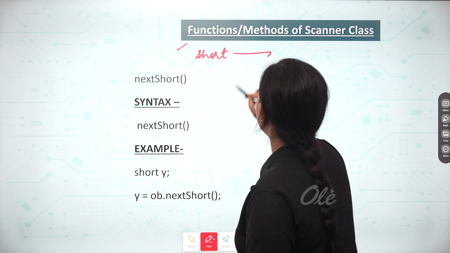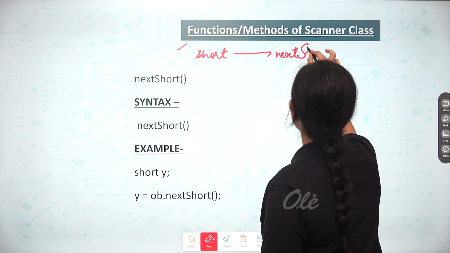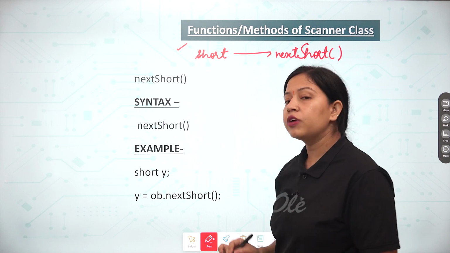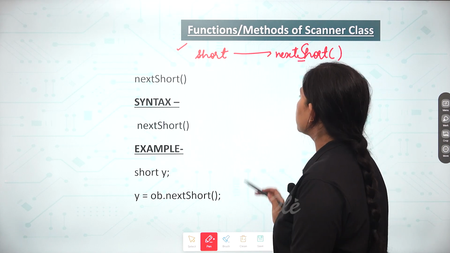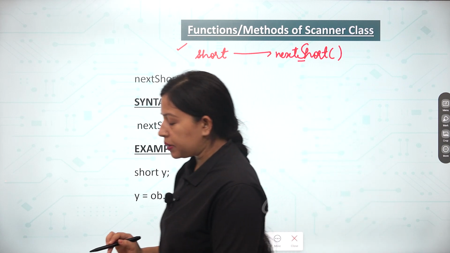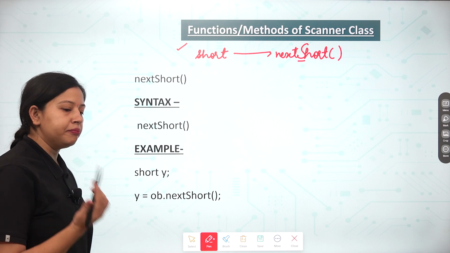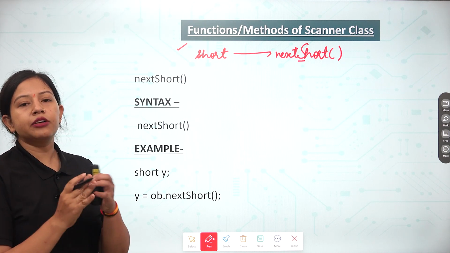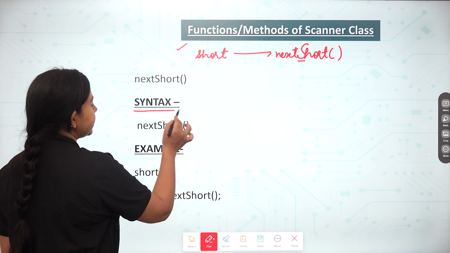One thing you should remember here is that the n in next remains in small case, but the S in Short should be capital, because it follows camel case. Camel case suggests that the method name starts with a small letter and there is no gap between the words.